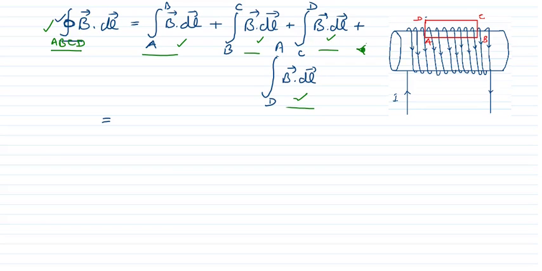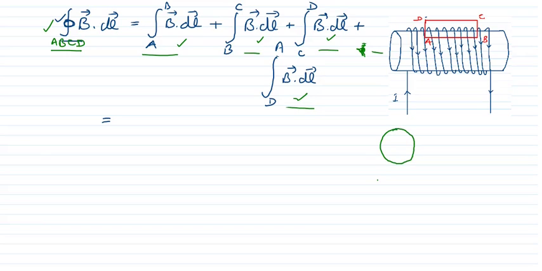If we see from here, what do you think the direction of current is? If you see from here, you will see a simple coil. I will draw a simple coil here.